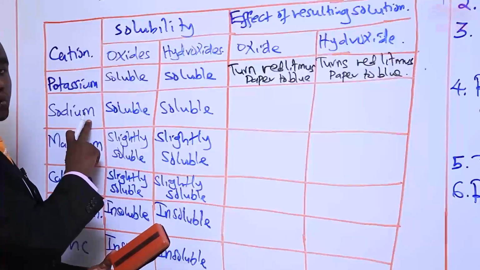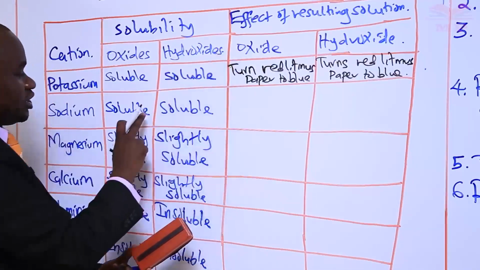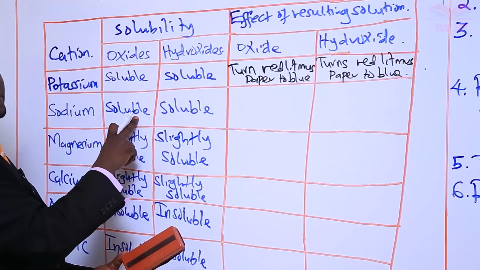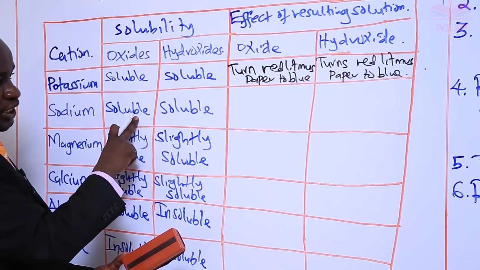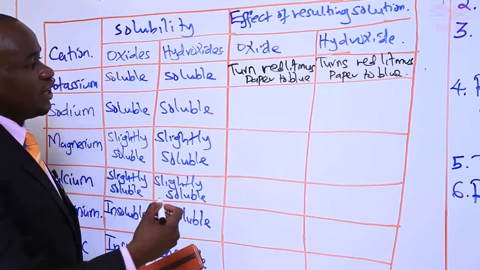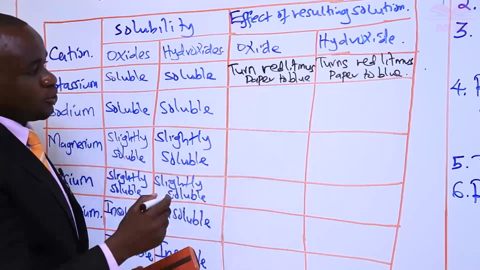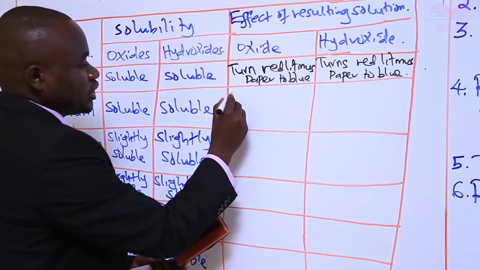The same applies to sodium, that sodium oxide, we have said it's already soluble. So the resulting solution is a basic solution, and that solution is called sodium hydroxide. So if you test sodium hydroxide using litmus paper, it will also turn from red to blue, because that solution is a basic solution. So the observation will be the same.